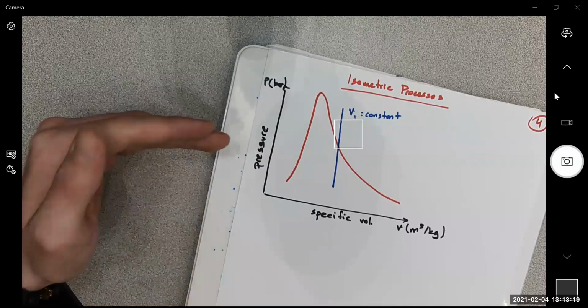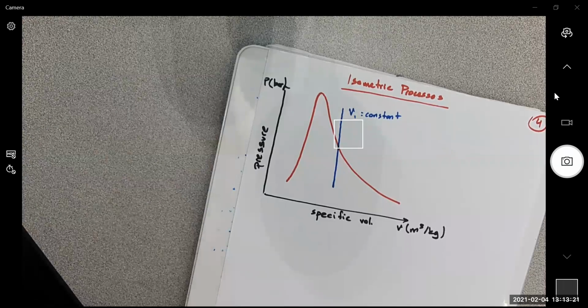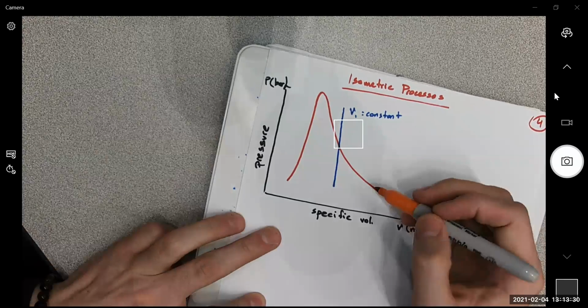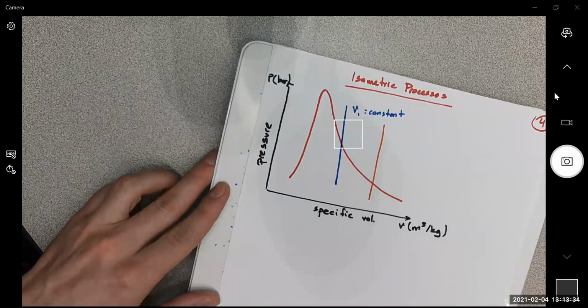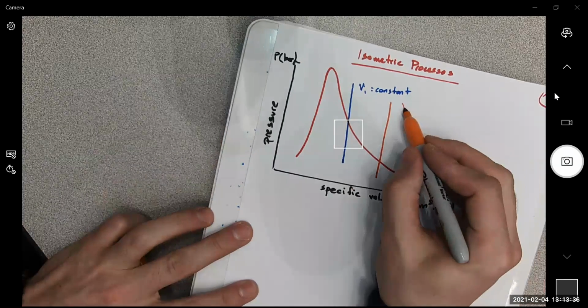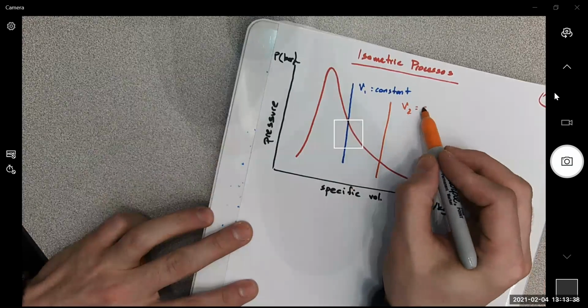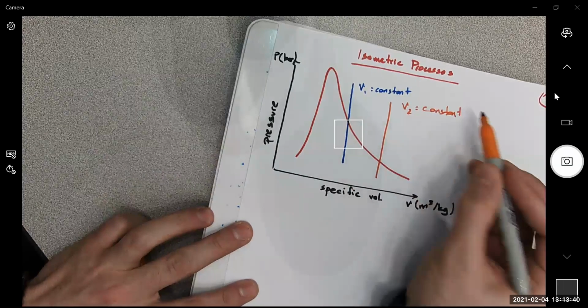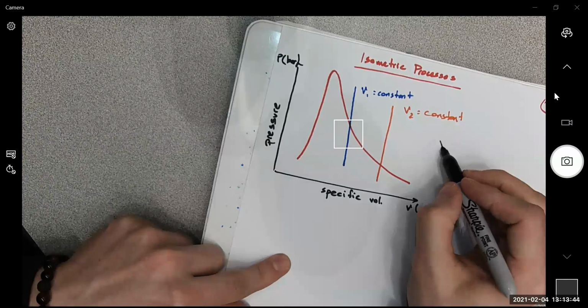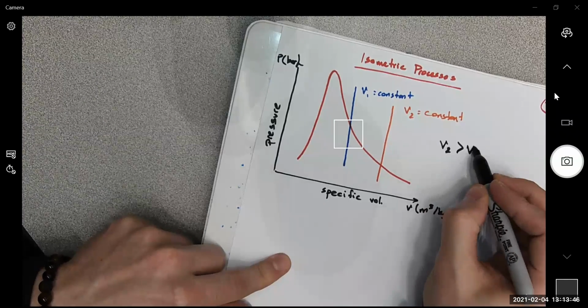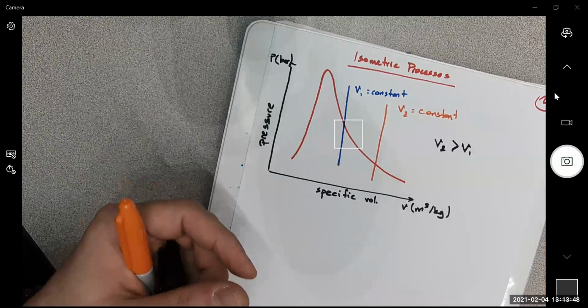It's just the process now, the isometric process. You will see them when we solve problems. For the second case, V2 is constant, and V2 is bigger than V1.